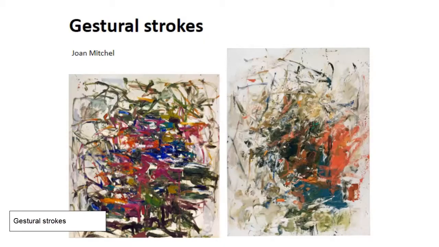Gestural strokes are strokes that are made with little to no intent. Joan Mitchell was an artist that started around the other abstract expressionists like Pollock, and she was very famous for these paintings of hers that have these brilliantly fast and almost violent strokes in them.